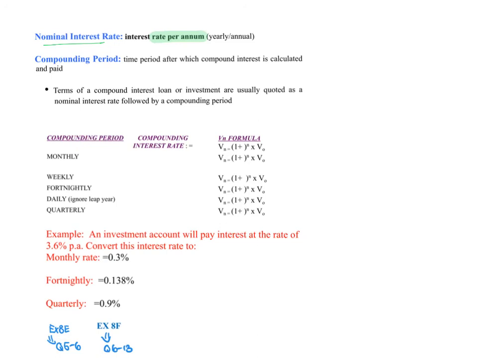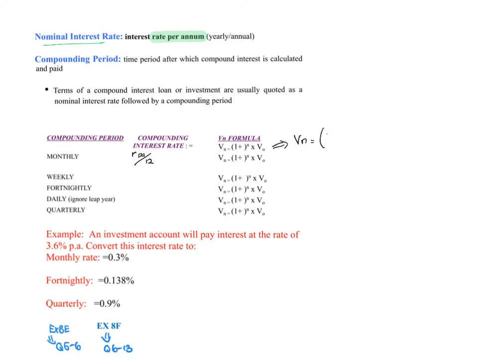when you are changing it to down here, if you're writing a monthly formula, you are going to do the compounding interest rate. It's going to be the rate per annum divided by 12, isn't it? So in here, sorry, I think there wasn't enough room left.